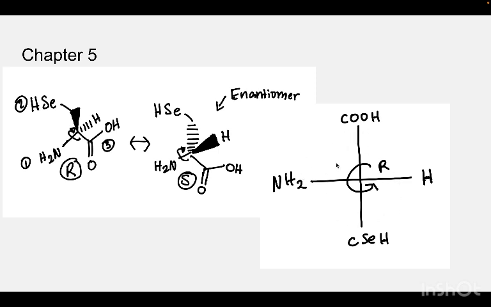But you must know that the ones on the horizontal line, like the H, basically have a wedge. So whenever you have a wedge, especially when the fourth one is on a wedge, you must flip the configuration. So we know that counterclockwise is an S, and just because the H is on a wedge here on the horizontal line, it must flip, which is why it has an R.